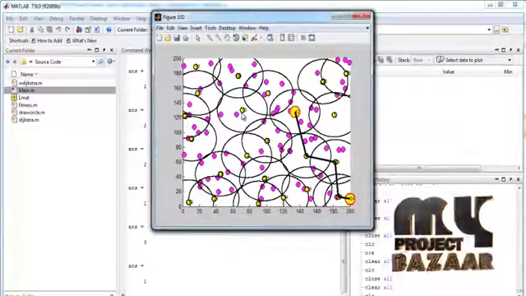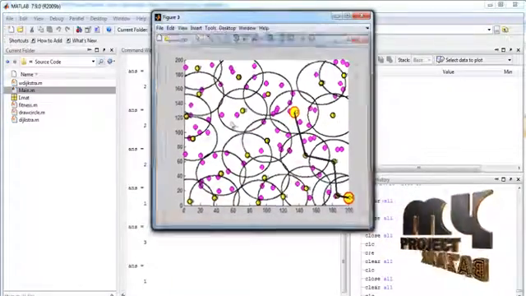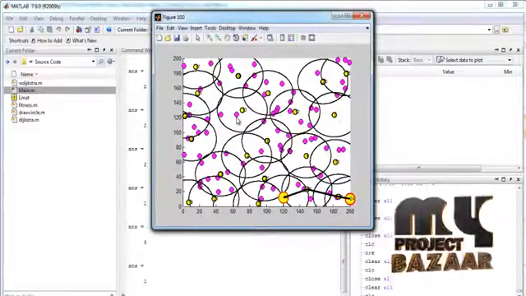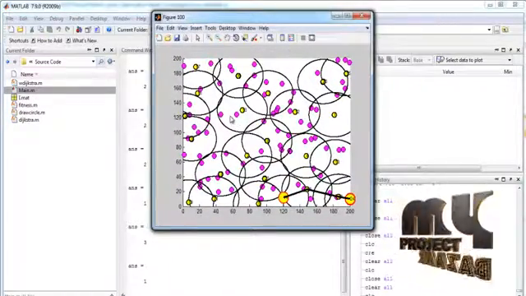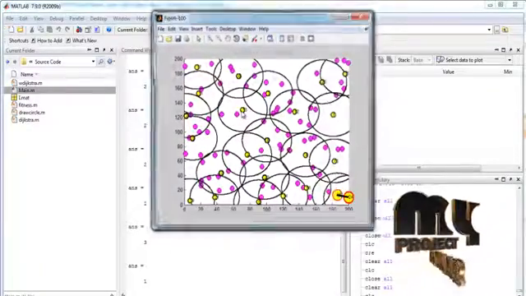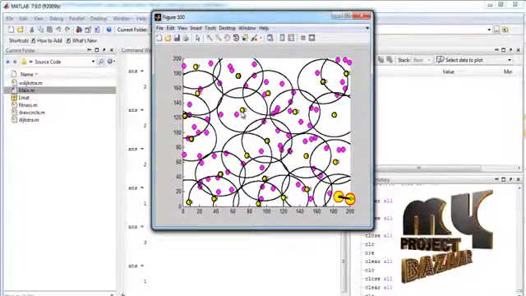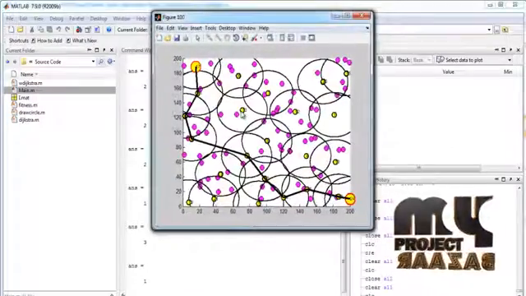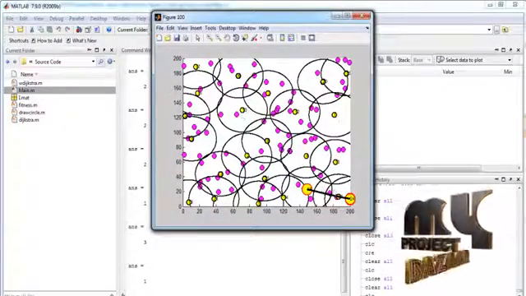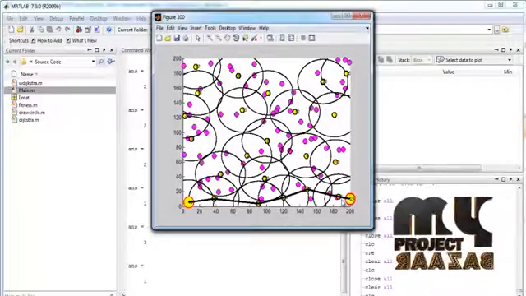The yellow color node represents the cluster head, and the pink color node represents the normal cluster member node. So all cluster member nodes transmit the data to their cluster head, and each cluster head transmits its data to the destination through the shortest path.